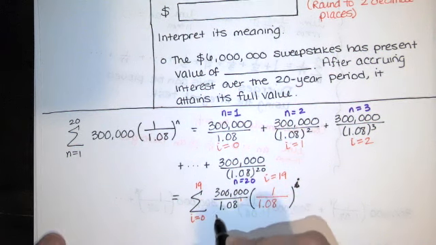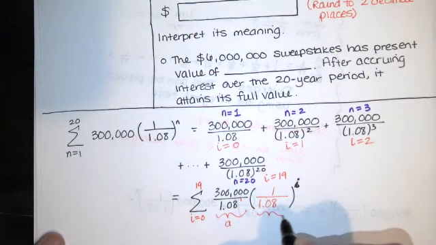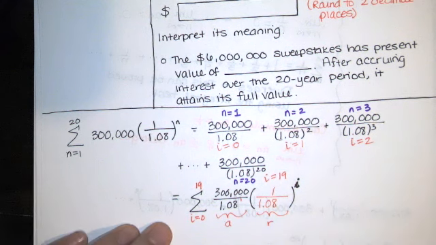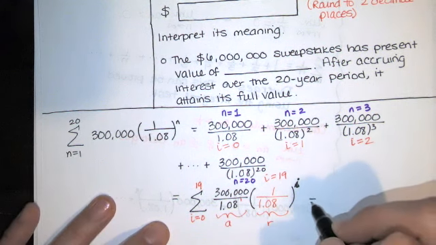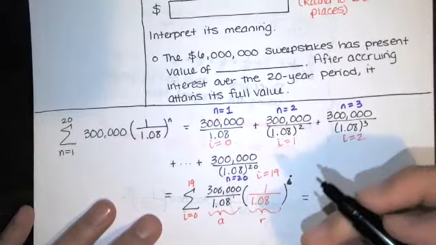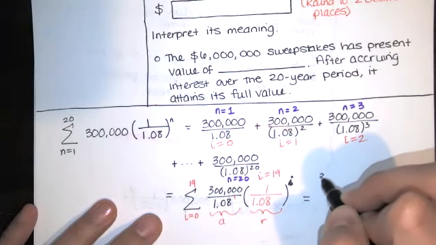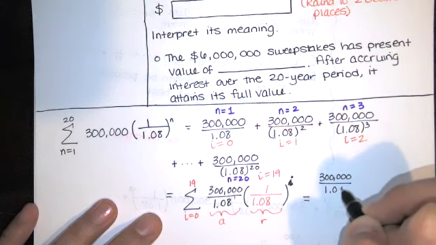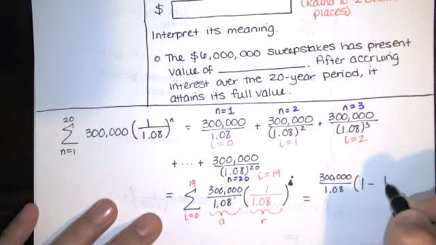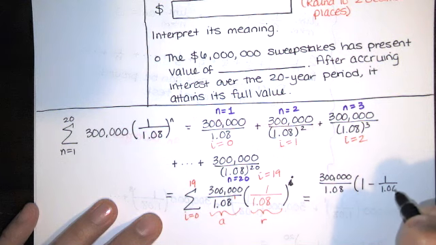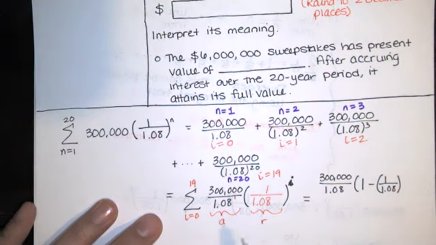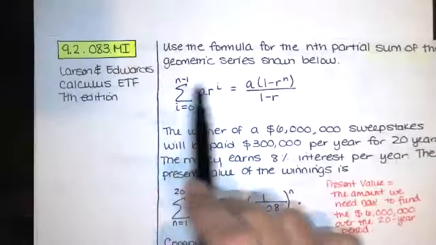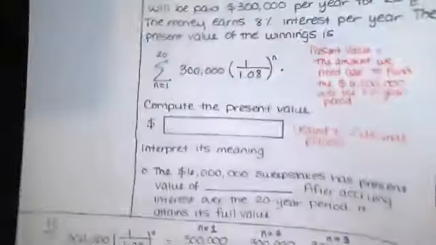Okay, so given that this is our A and this is our R to the I, according to our formula, the nth partial sum of a geometric series is this. It's A, that's our first term, times 1 minus R raised to, not this power, that's the n minus 1 power, it's going to be raised to the nth power.